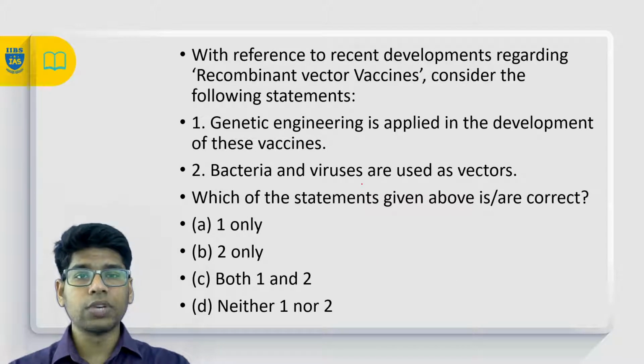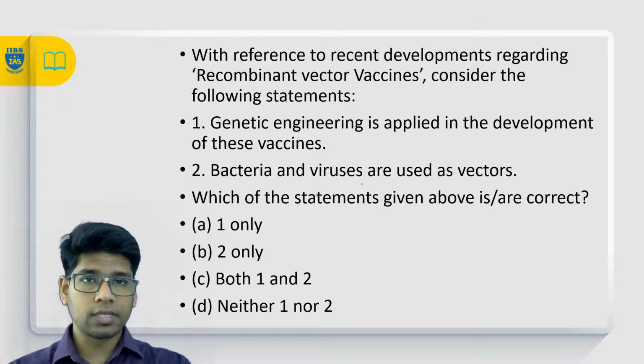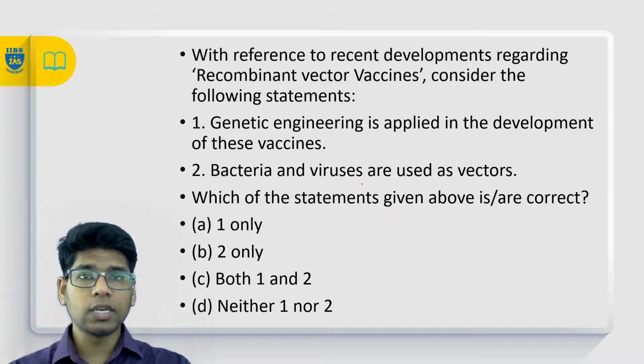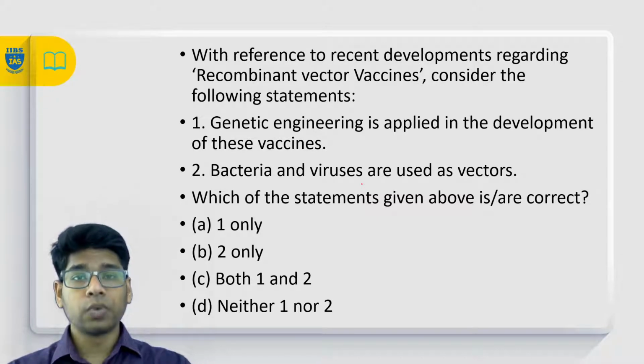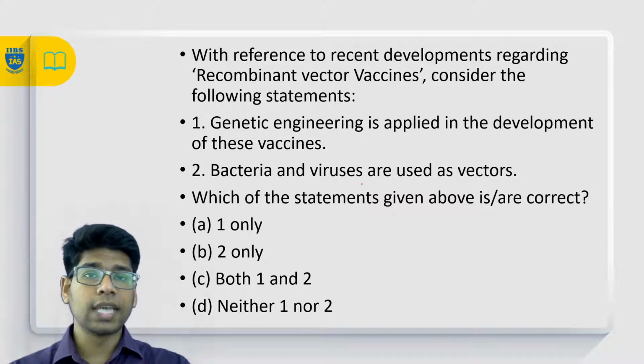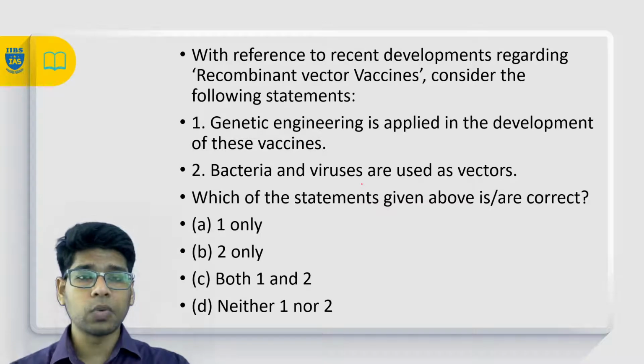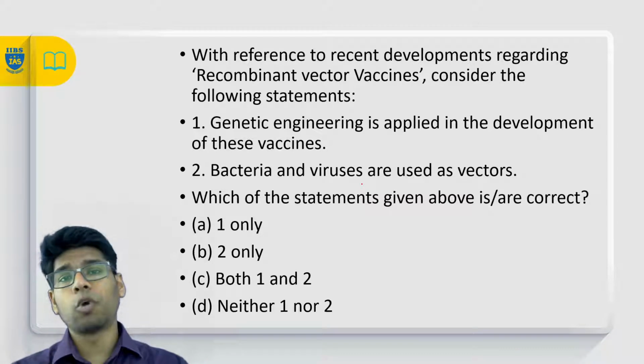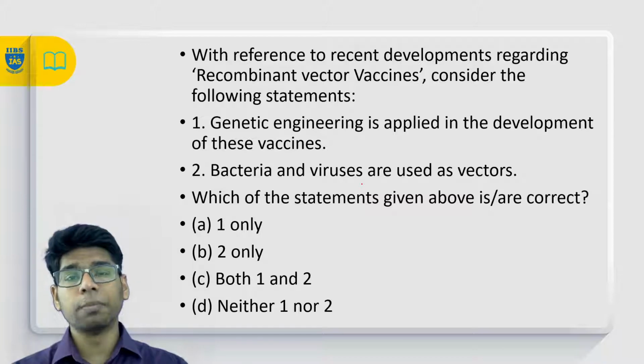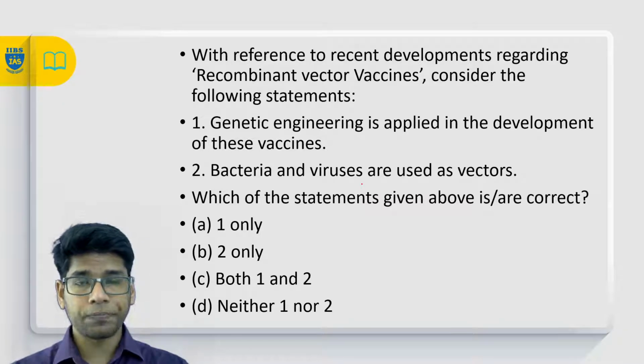So the next one: with reference to the recent developments regarding recombinant vector vaccines, consider the following statements. With the rise of the COVID pandemic, we have designed vaccines. Vaccines elicit the immune response against the pathogen, so that if the pathogen enters our body, our immune system will be ready to fight it, right?